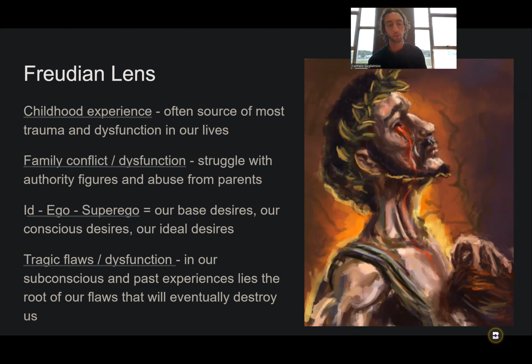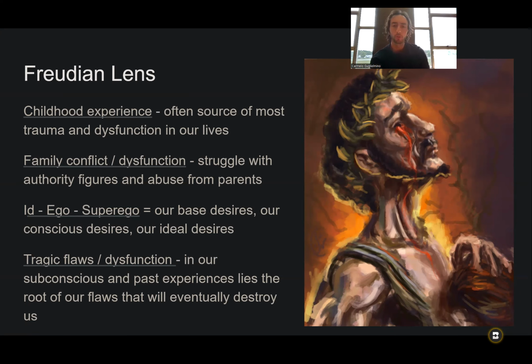It's the part of your mind that tells you what you should do. It is in some sense linked to the conscience, the voice in your head that is telling you, this is what you should go and do. This is what you ought to do, essentially. Okay. Our ideal desires, as it says there.